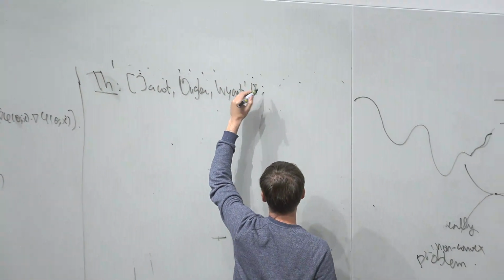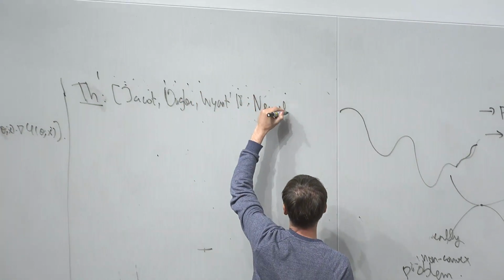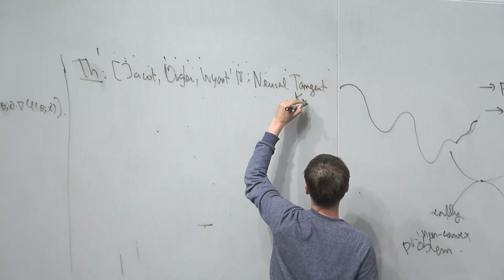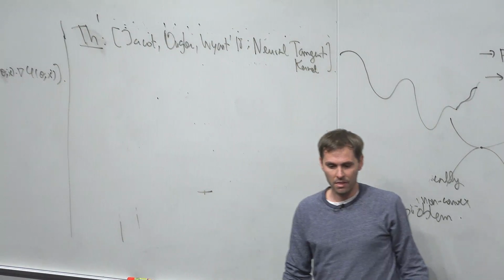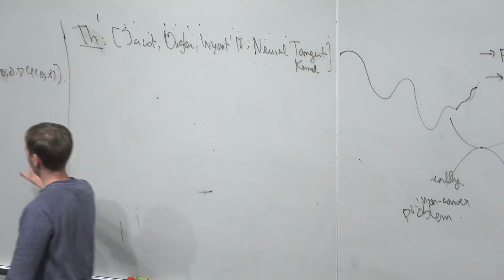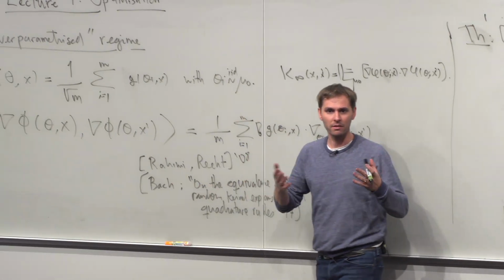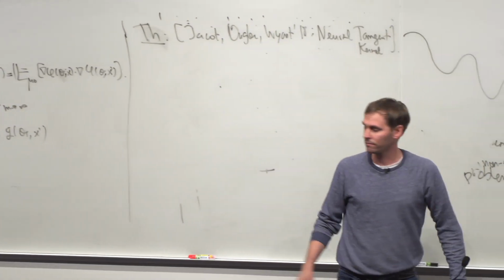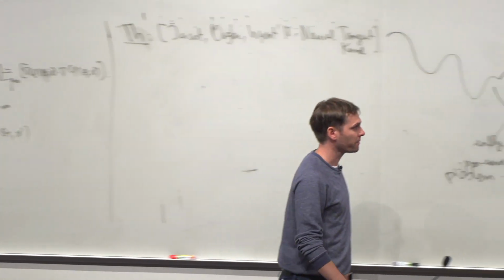This is maybe something that you heard about, this neural tangent kernel. So what does the theorem say? It says that not only does this model, at time 0, have a limit that is a deterministic kernel, this kernel k infinity is actually valid.